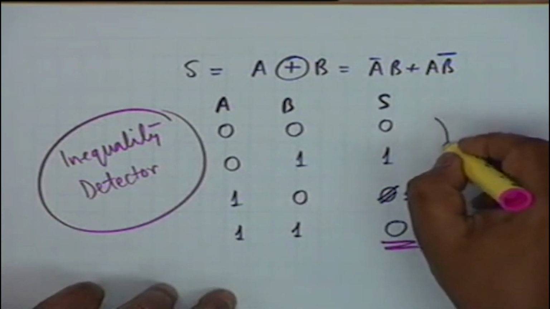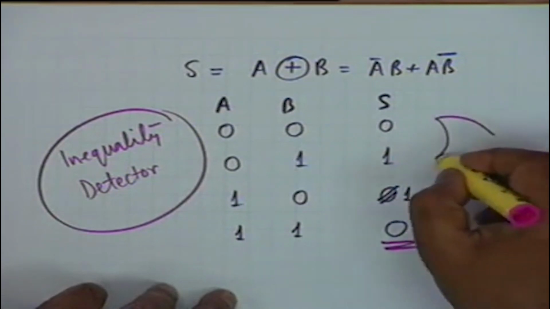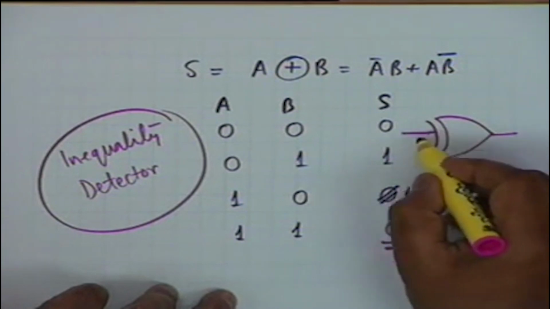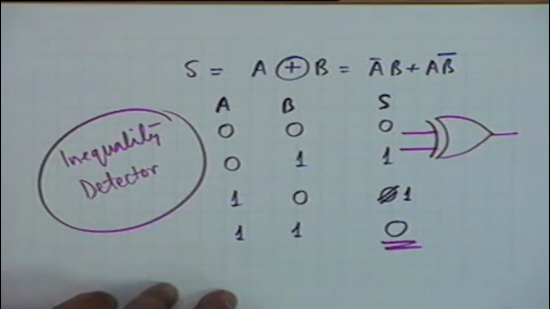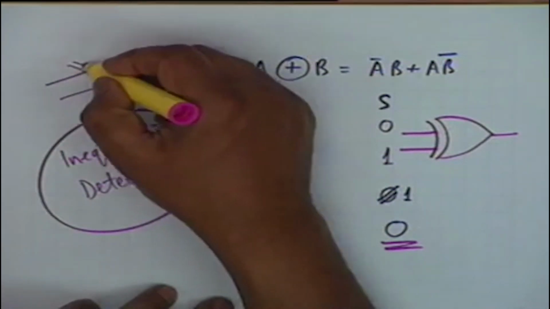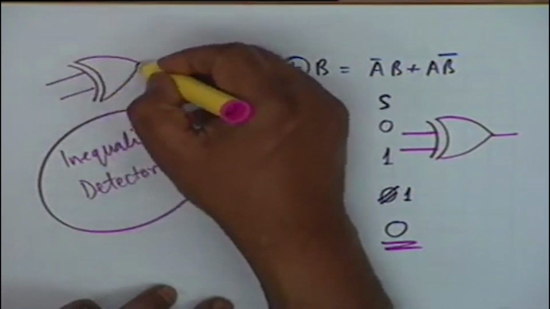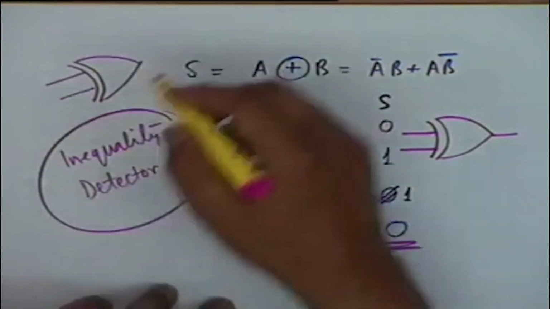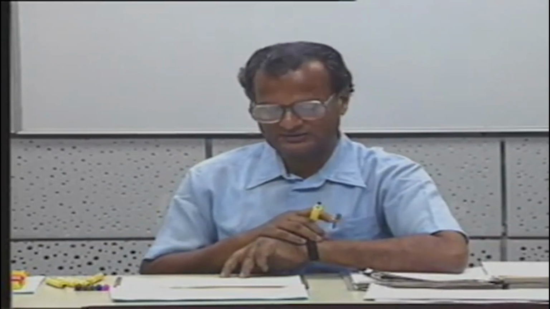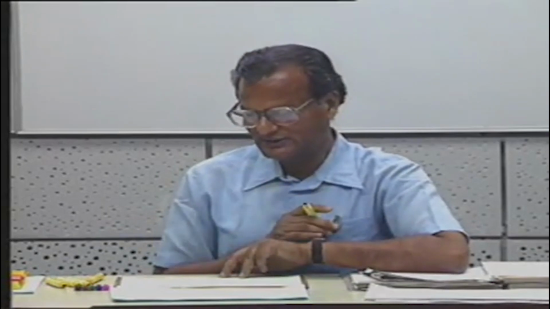The circuit symbol for an exclusive OR is exactly like that of an OR, except that another similar curve is included here. With two inputs, instead of drawing the simple OR, we make this double line. Don't ask me why this symbol, why not something else. This was universally adopted convention, but it originated with the inventors of digital circuits.